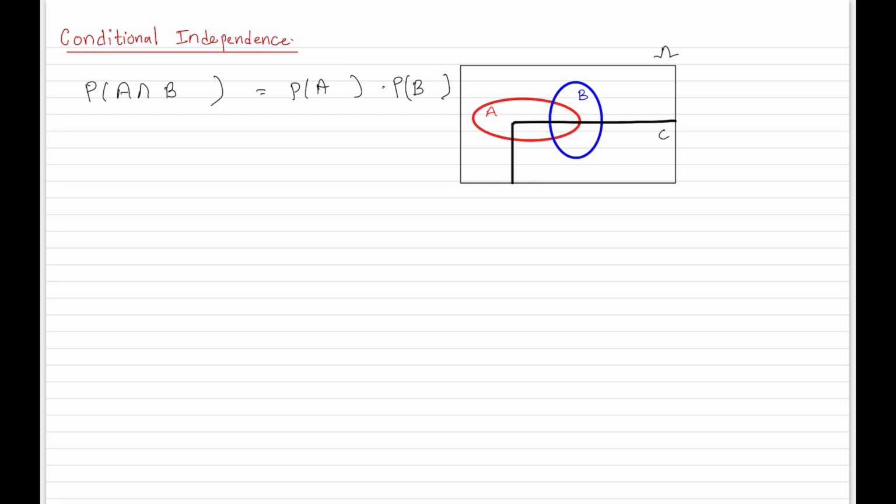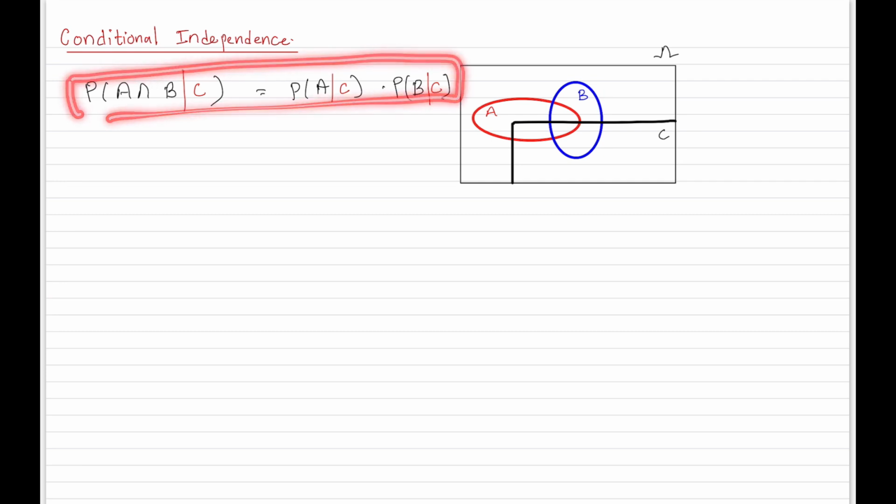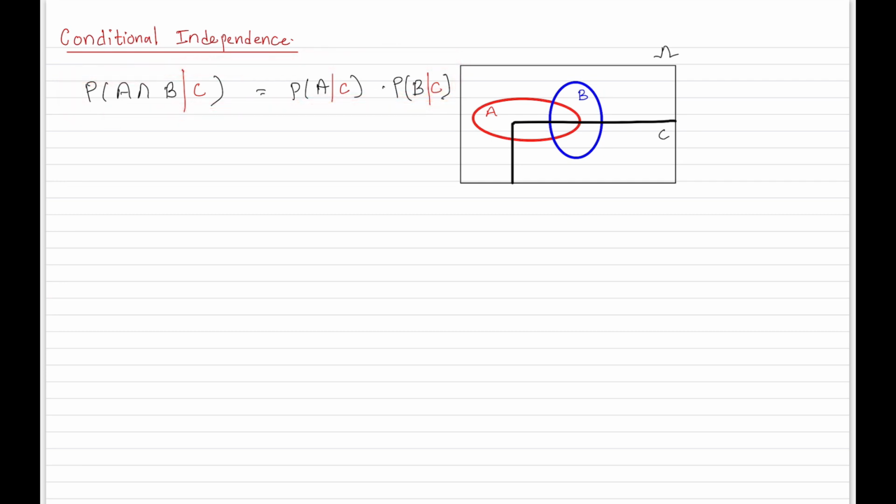So we will have the same kind of relation, but with the given condition. This is the definition for conditional independence.